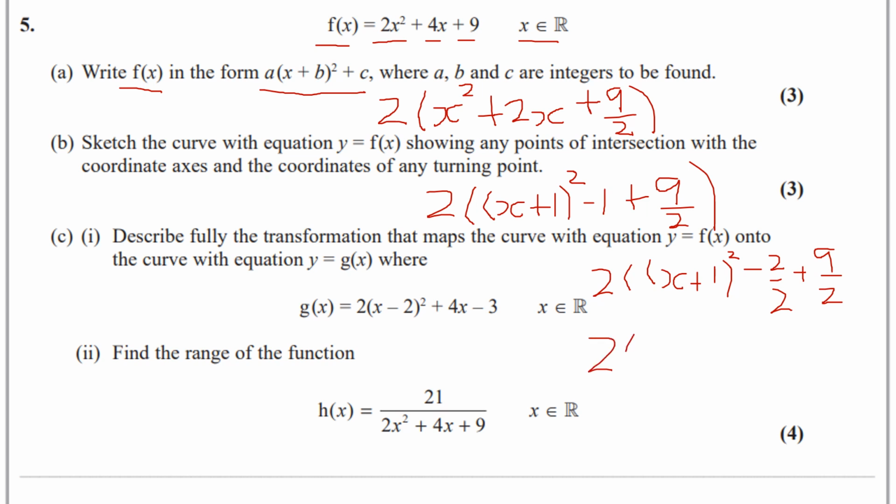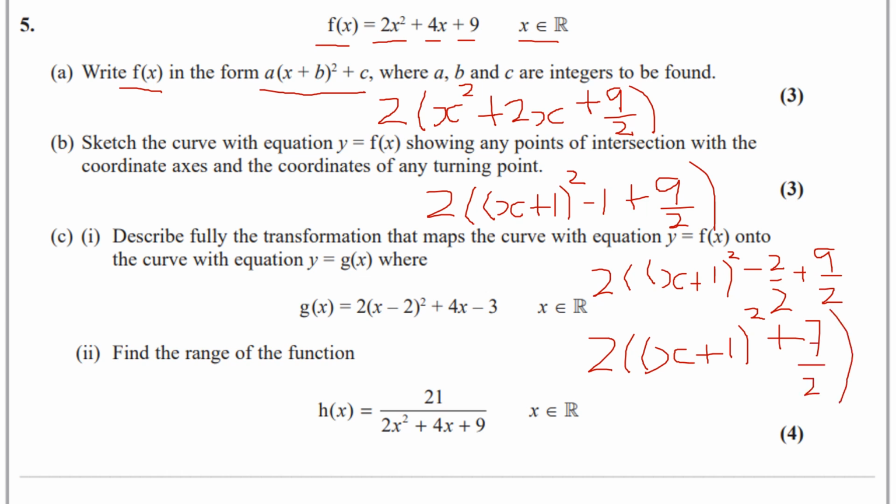I'm going to have 2 bracket x plus 1 all squared plus 7 halves, and close that big bracket.